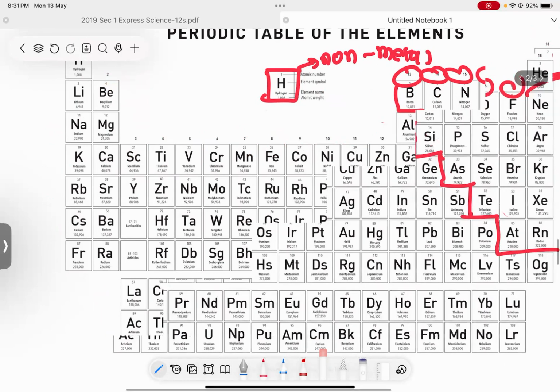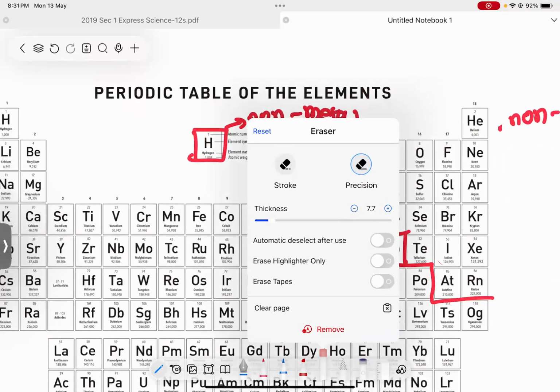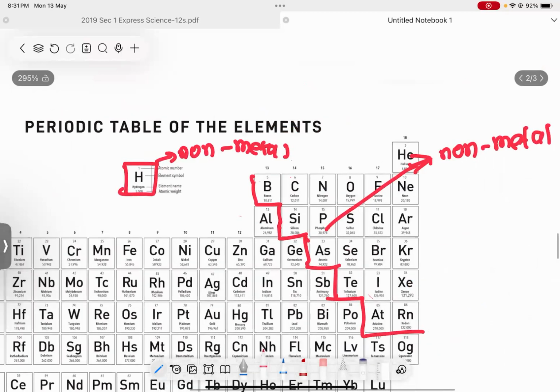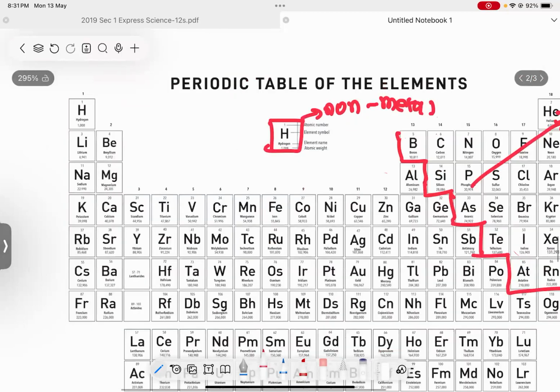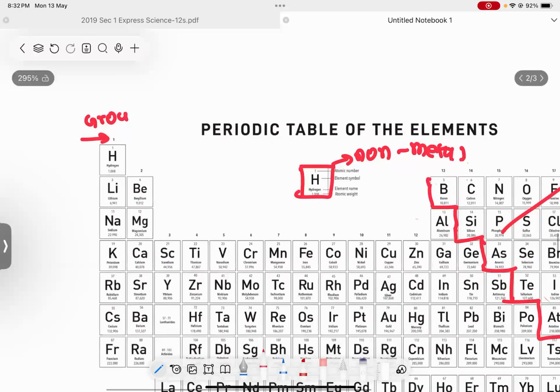Well, friends, it's nothing to be scared of or feel weird about, because all of this is group, and down here is periods.